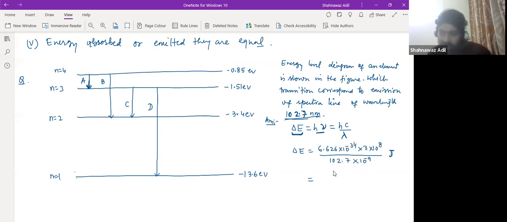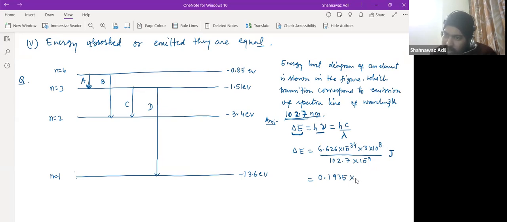Okay, let me just calculate this. 6.626 into 3 divided by 10.7 is 0.1935 into 10 to the power minus 34.